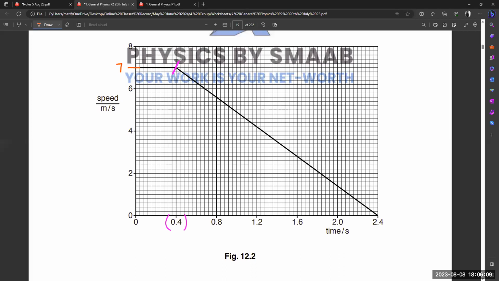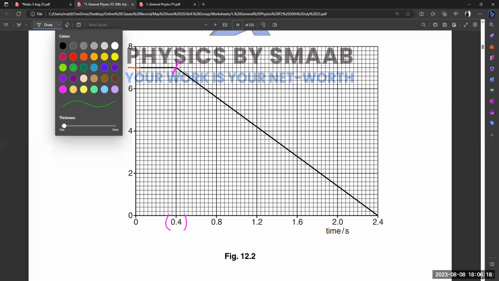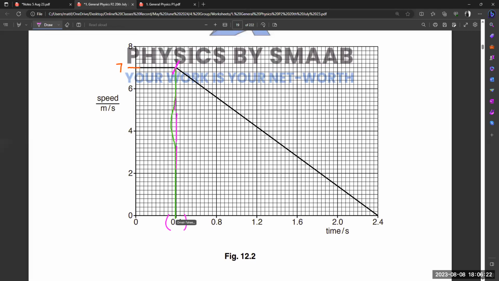It's the part where the speed is decreasing, and after that, the area under that triangle. So this is the line, and this is the part from which the speed is decreasing to zero. That triangle shows you the total distance.